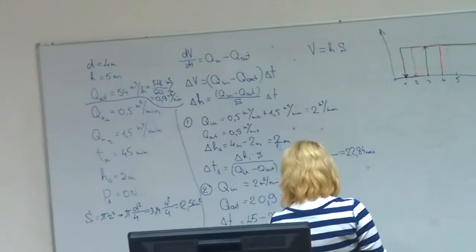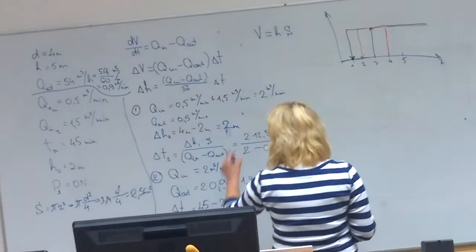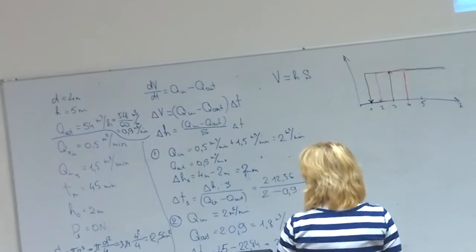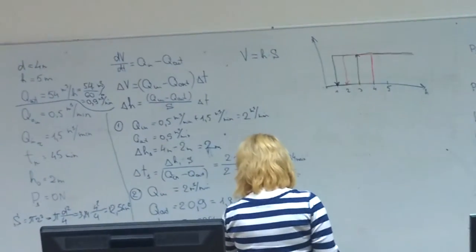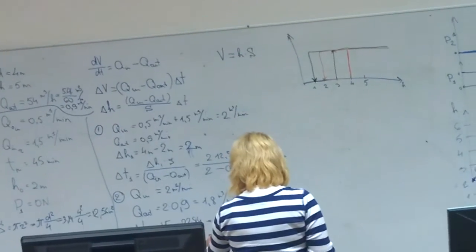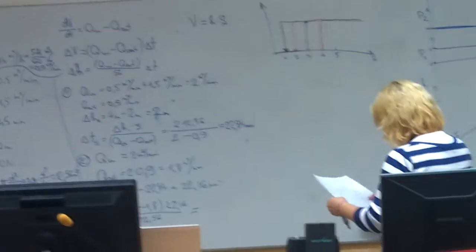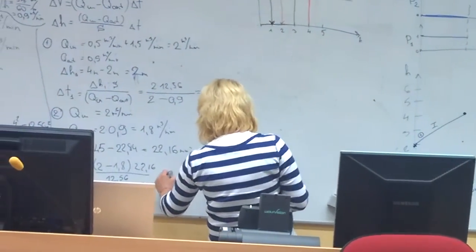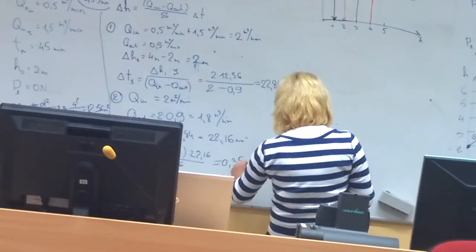In this case, 1.8, divided by the area, which is 12.56, and multiplied by the time. So, according to my calculations, we will have 0.35 meters.